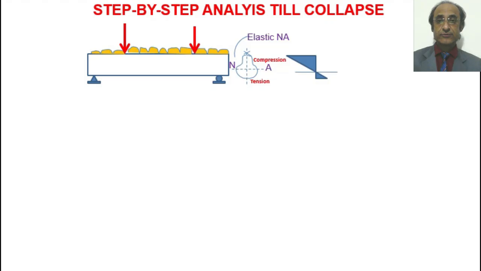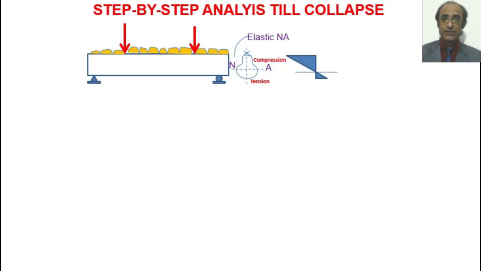We had also gone through the step-by-step behavior of the section till final collapse of the structure, and for that purpose we deliberately considered a monosymmetric section with different shapes and different section moduli with respect to tension and compression.